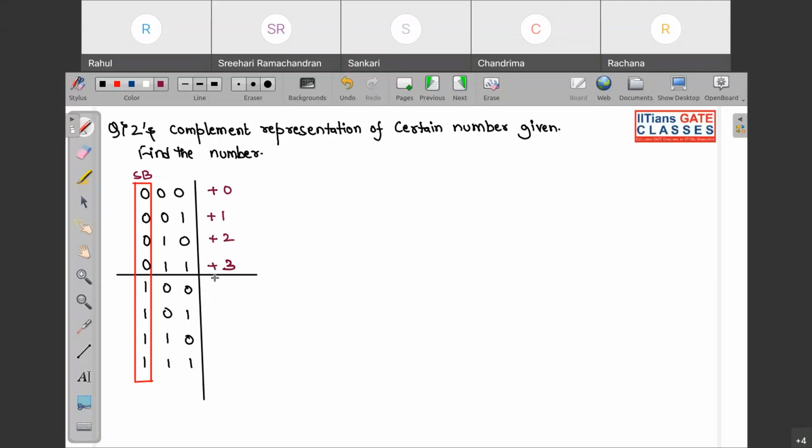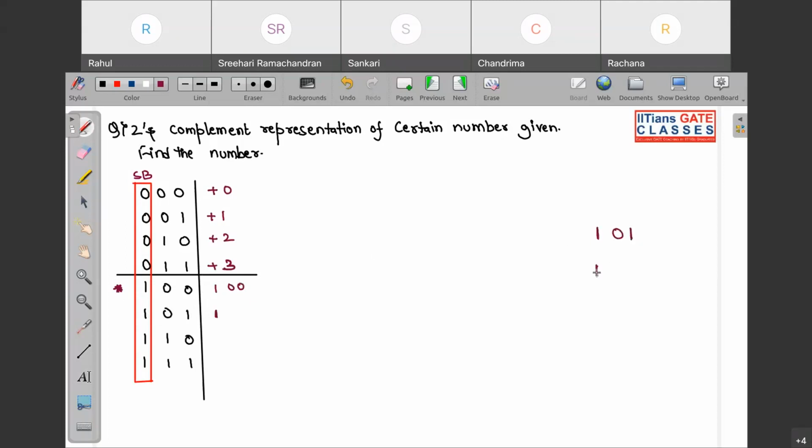This will be 1 0 0. I would like to place a star mark over here at the moment, because I know what this is and I am going to show you. So this will be 1 0 0. If I take the 2's complement of this number once again, this is 1 0 1 in 2's complement.